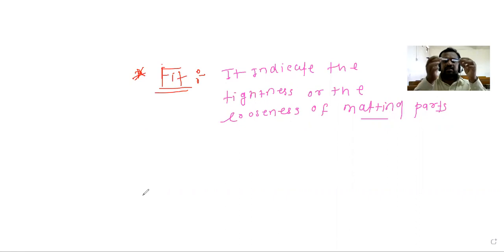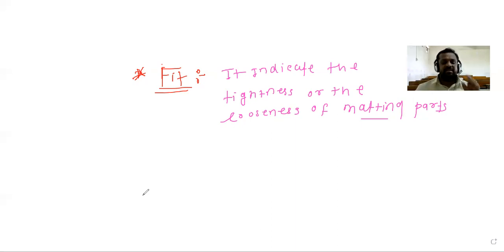When I insert that shaft into this hole, it is easily inserted into this hole. Fit will show, when we have to assemble two parts, during that assembly, whether those two parts are fitting tightly or loosely. That information we get from this fit concept.